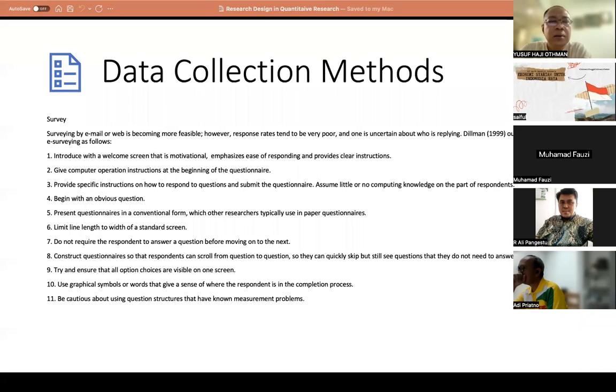So there are certain principles that we should follow in order to use the e-survey. Number one, introduce with a welcome screen that is motivational, emphasizes ease of responding and provides clear instructions to the respondents.